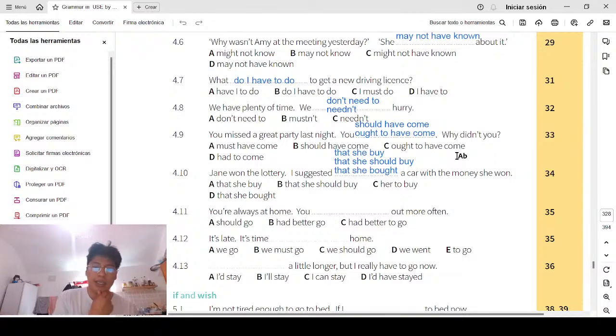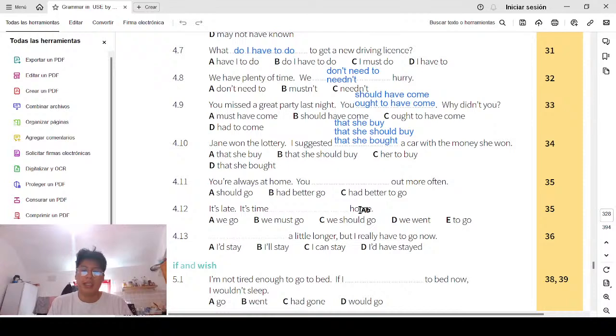In that case, if we want to suggest something, we have to use "that." That's why this is the best answer. So: that she buy, that she should buy, that she bought, right? It's only for "that" that we use "suggested that." And "her to buy" is not correct.